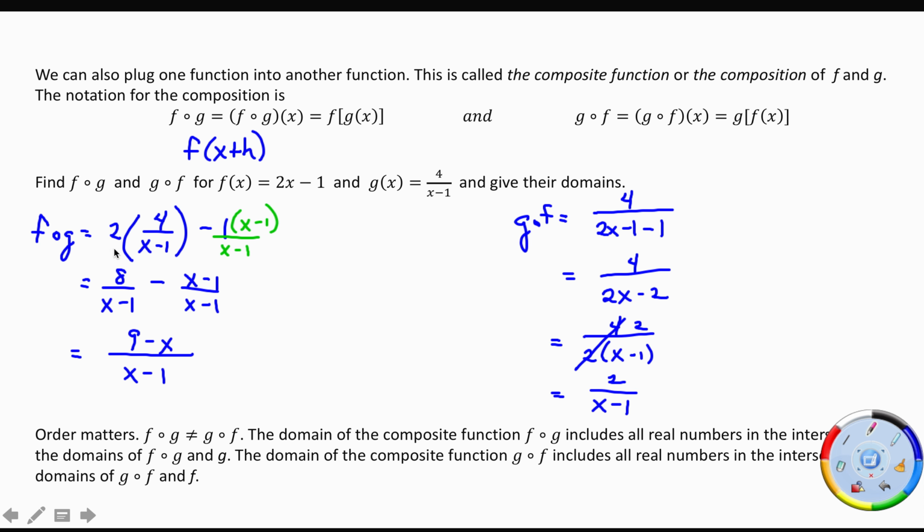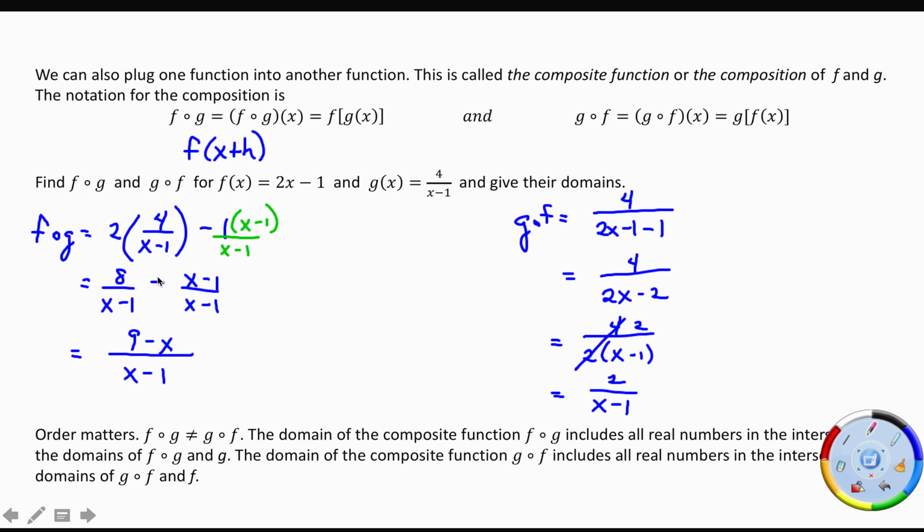But unlike the combination of functions where I find the domain for f and g and use the intersection, on the composition of functions, I find the domain of my composite function and the domain of the one that was plugged in, in other words, the second function, and then find that intersection.